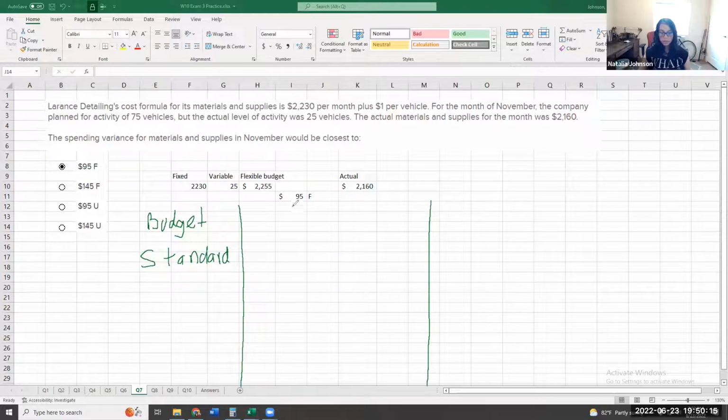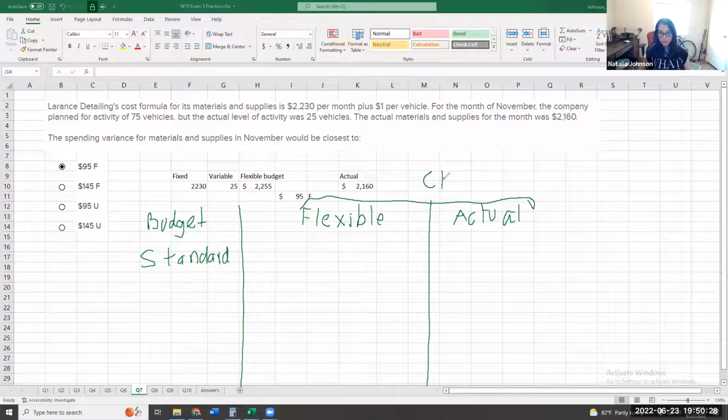And for chapter 9, we're gonna see the flexible budget and what actually happened. So you can see it like this is chapter 9, and this is chapter 8. The actual is the actual units, the actual products that they sold, and there are actual costs too.